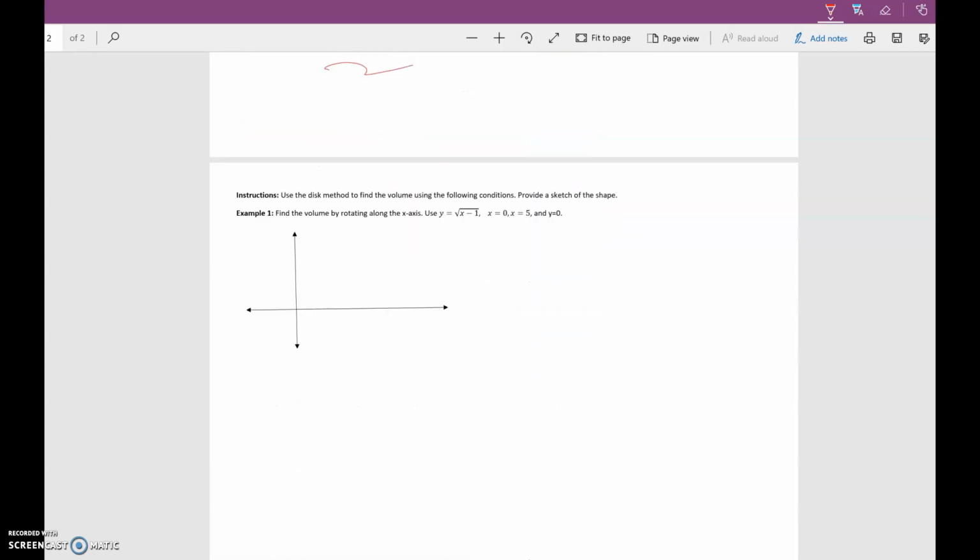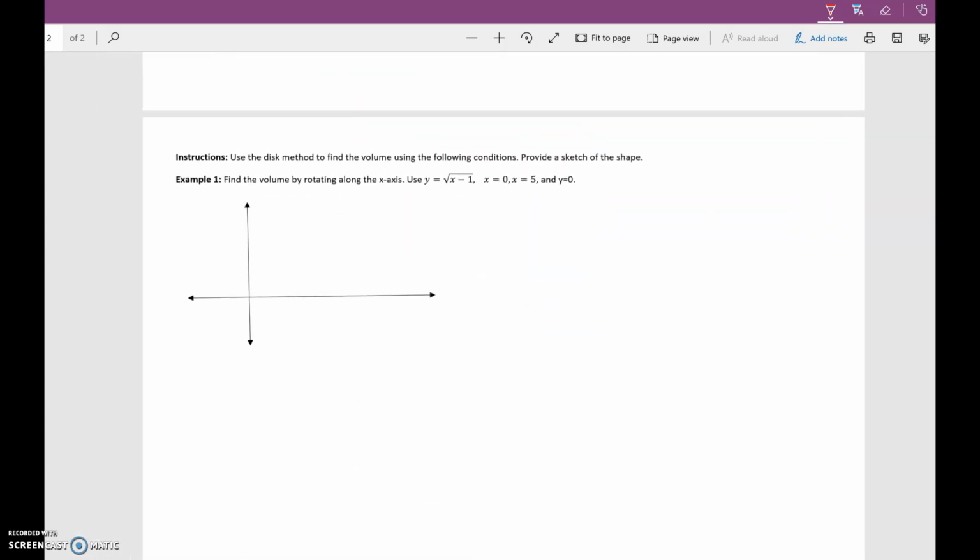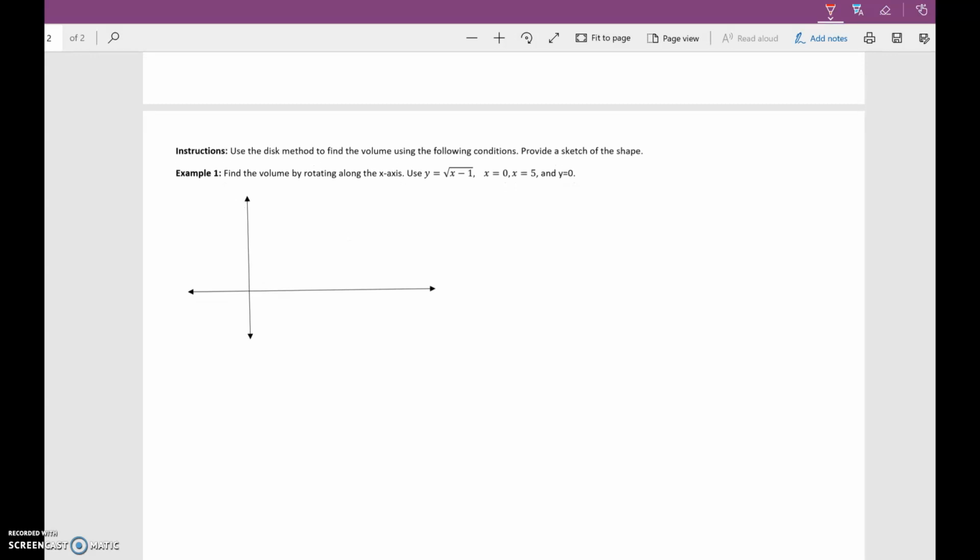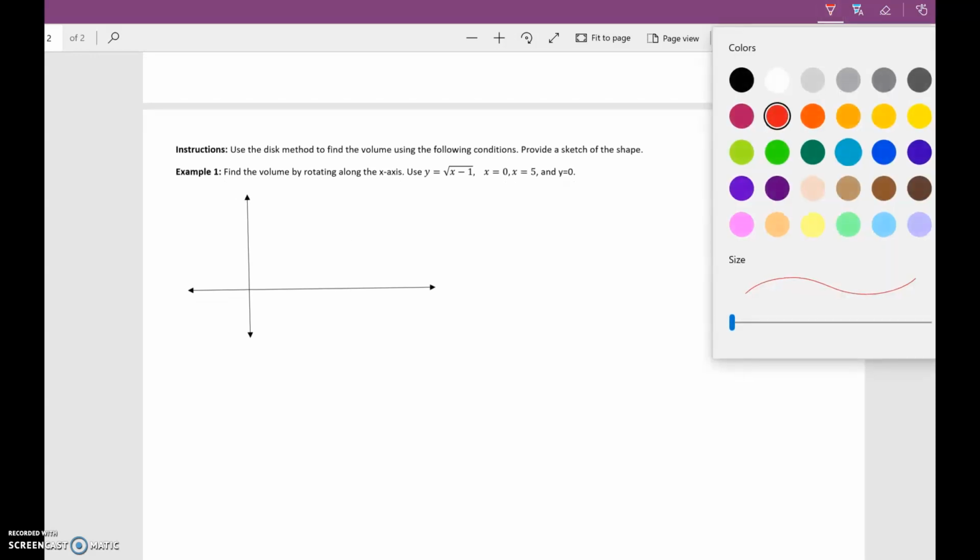So let's take a look at example 1. And this is what the instructions are going to say for any future examination. I want to see the sketch that you're looking at, and then also the integral and everything that we're evaluating. So for this particular one, let's sketch it.